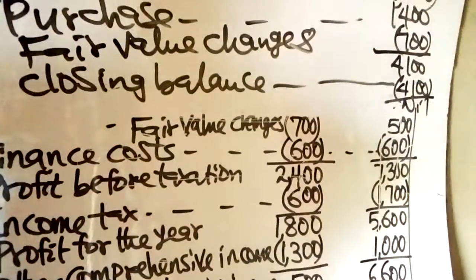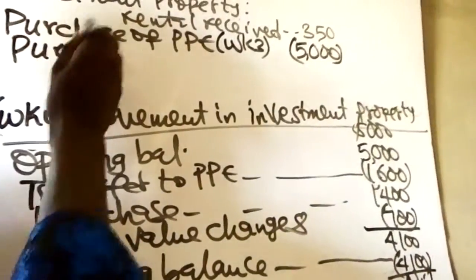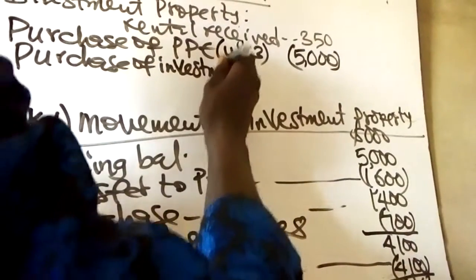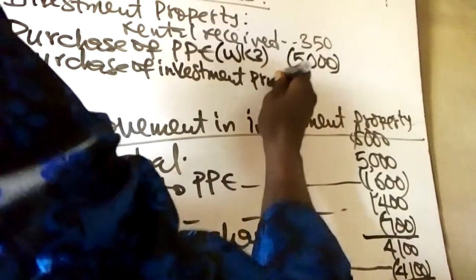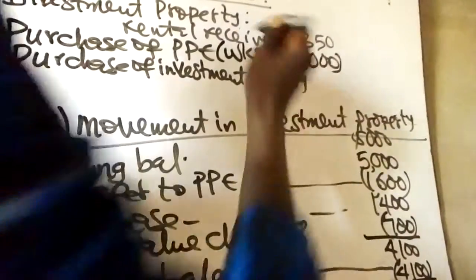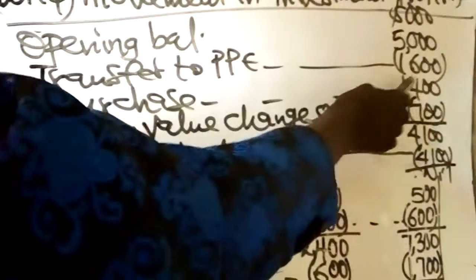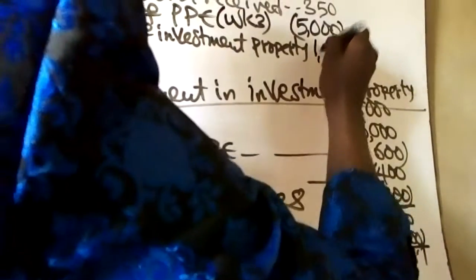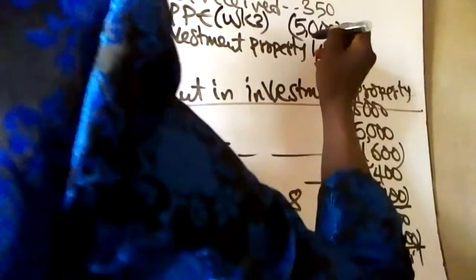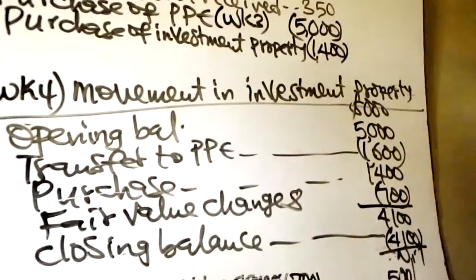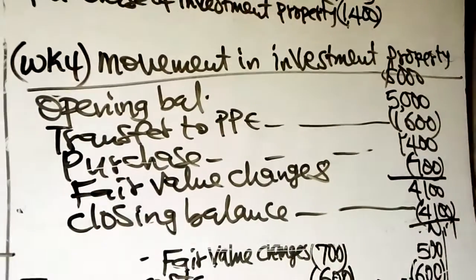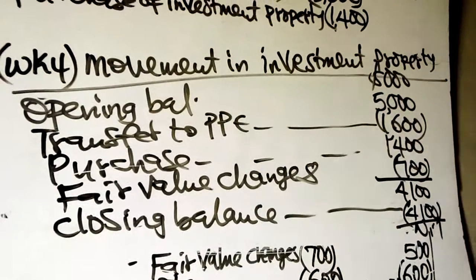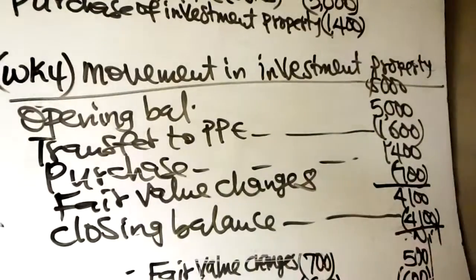So you only consider the purchase of investment property, which is given to be 1,400. Purchase will result in an outflow of cash. So put it in brackets. That is investment property.